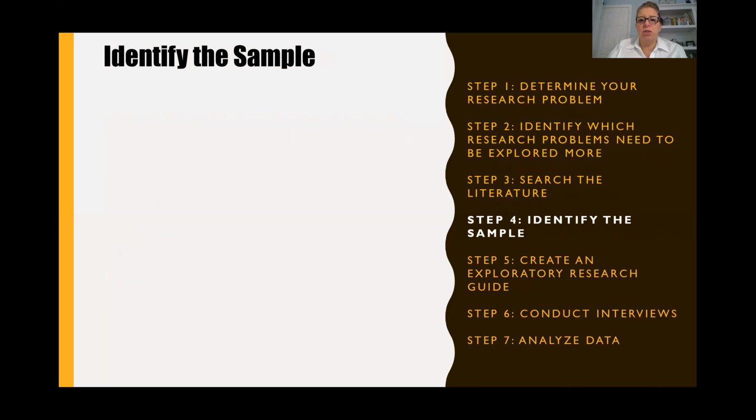So once you've searched the literature, now it's time to really start working on creating your exploratory research guide. And before you can actually do that, first you need to identify the sample.